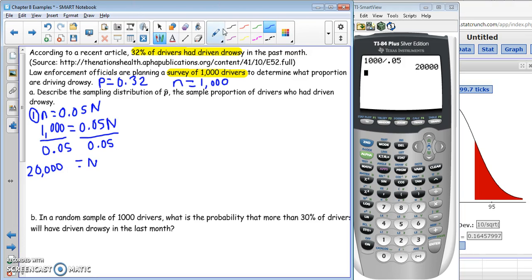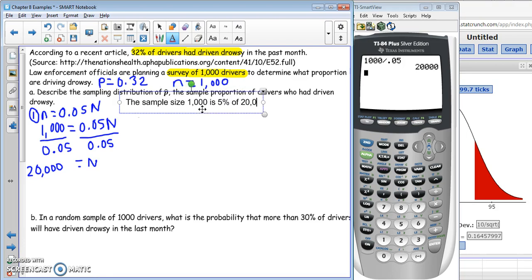So what we have here is that the sample size, 1,000, is 5% of 20,000. Right? So there are probably more than 20,000 drivers in a nation.